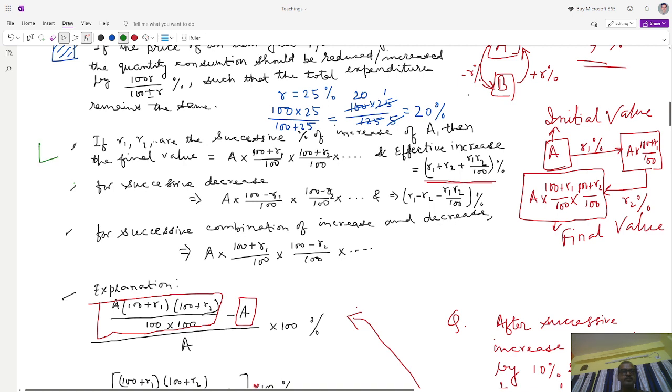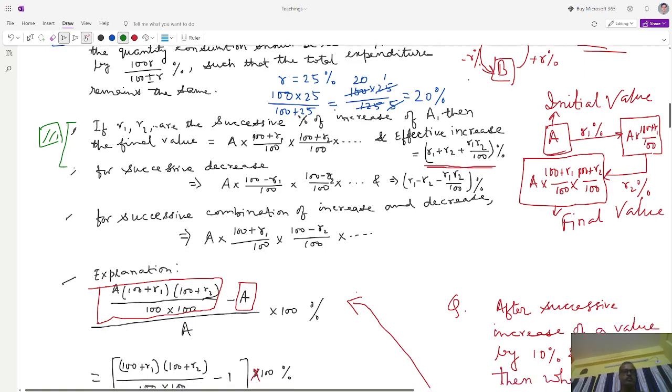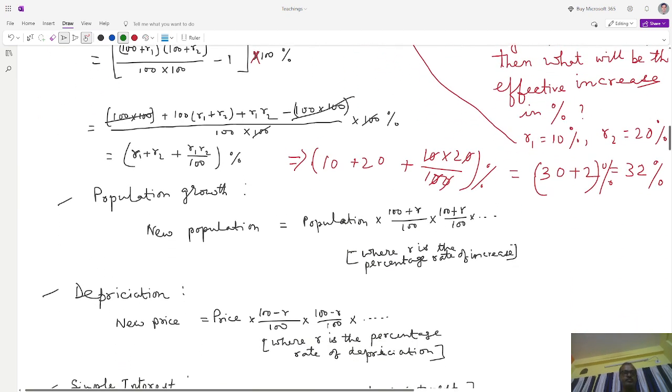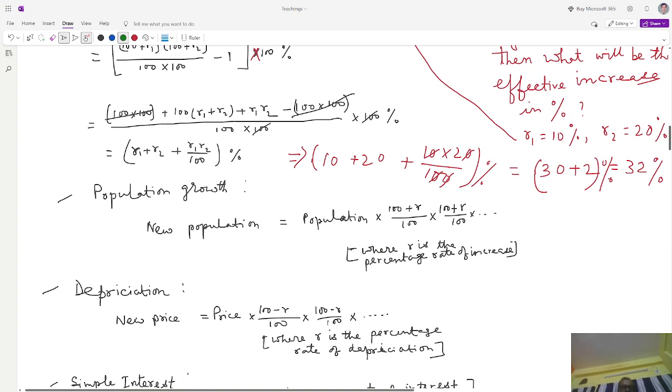This part, related to this part as well as this part.